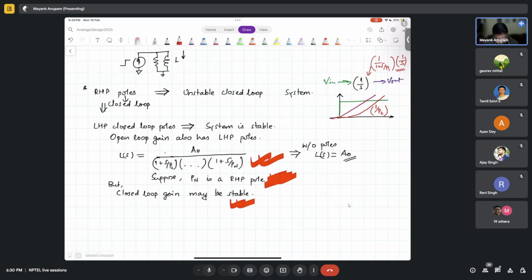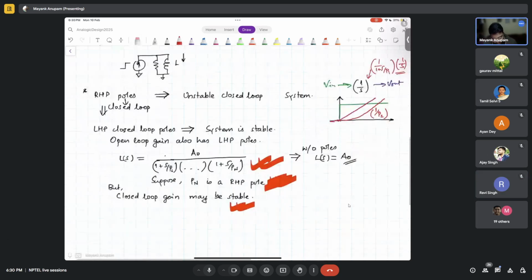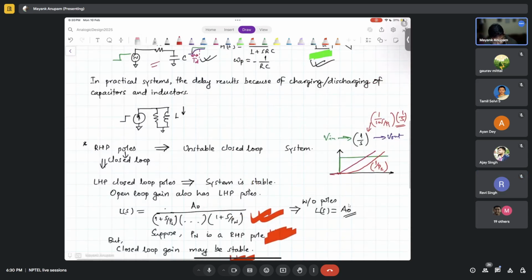Yes, sir. So in general, if the poles are moving farther away, the system will move towards the ideal condition where the system does not have any delay, and thereby the system's stability should improve if the poles are becoming farther and farther away.